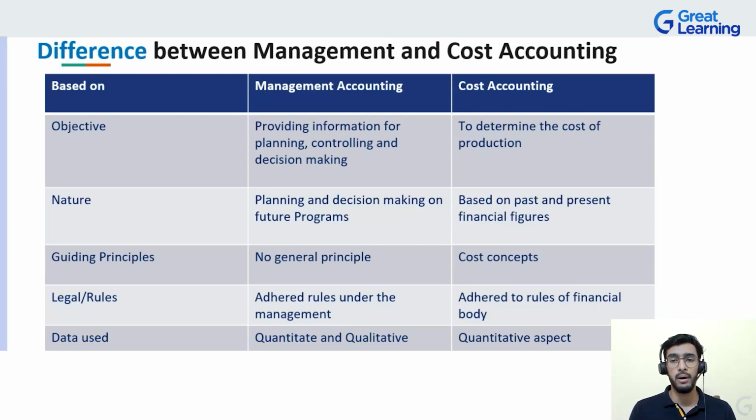But cost accounting is purely quantitative, because it's always the numbers: the cost of production, the debt, everything is the amount of money being spent, right? So it's always the quantitative aspect that is talked about in cost accounting.